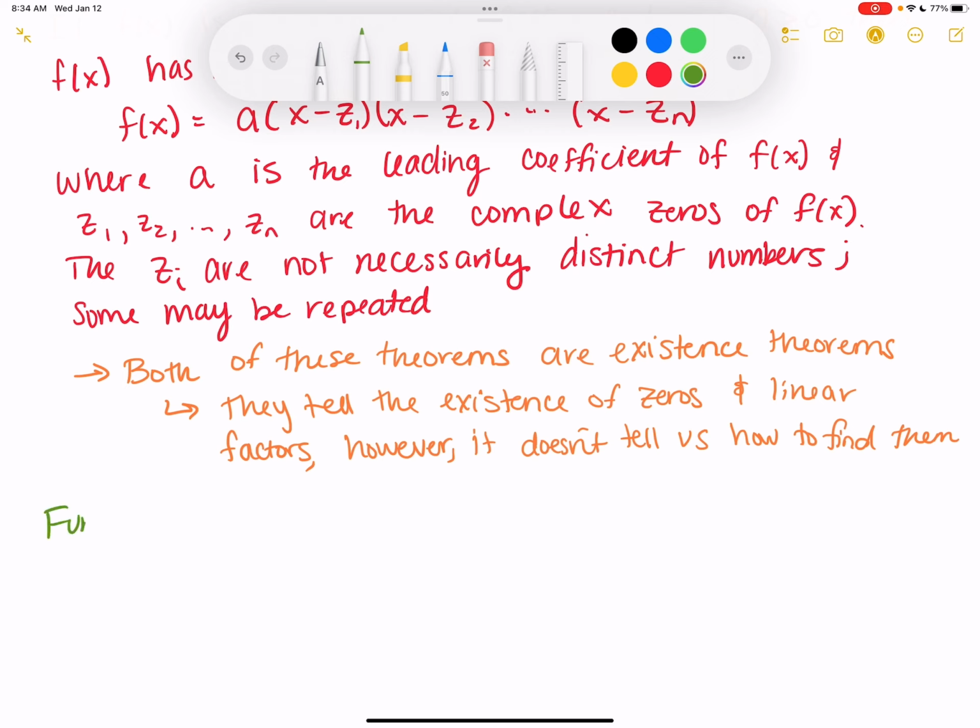Then fundamental polynomial connections.